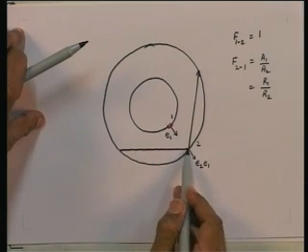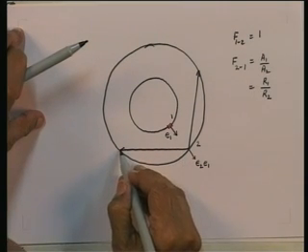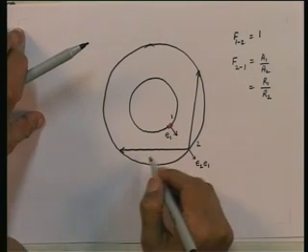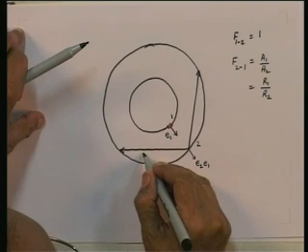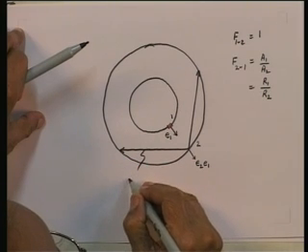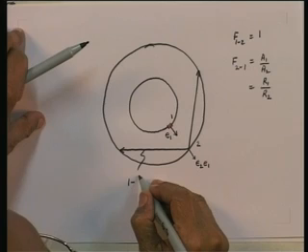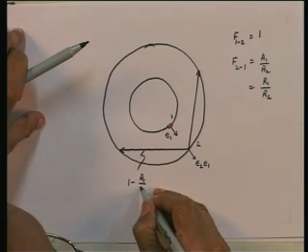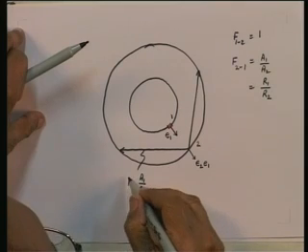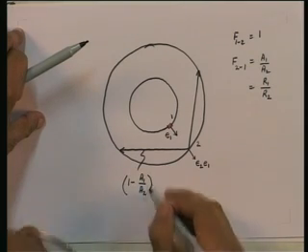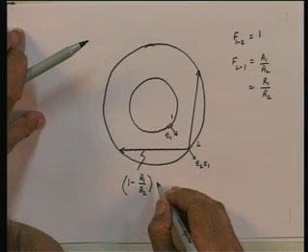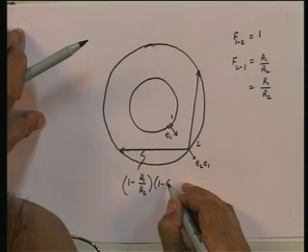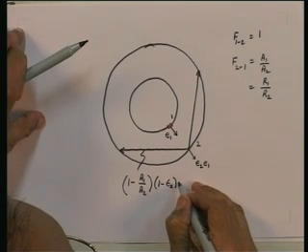The amount that goes to surface 2 directly will be 1 minus A1 upon A2 multiplied by 1 minus epsilon 2 E1.